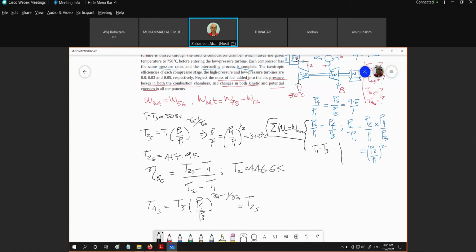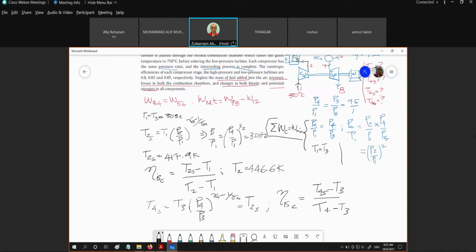And then after that, you are going to have the same isentropic efficiency for the compressor. As for the high pressure compressor, T4S minus T3 divided by T4 minus T3.